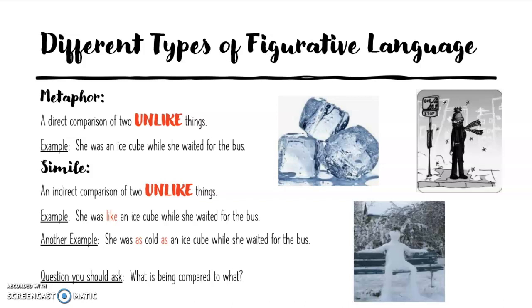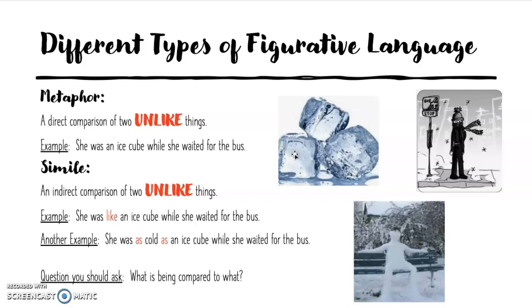This is taking two completely different things that you really wouldn't normally compare to make meaning out of it. Okay, so the two things that I'm going to compare on this slide are ice cubes and people. And ice cubes and people are not alike at all.